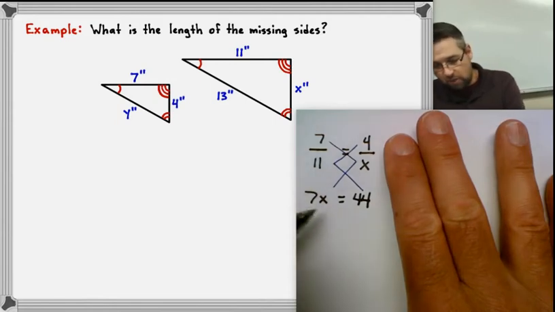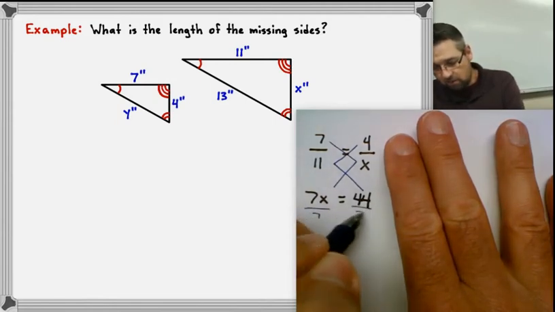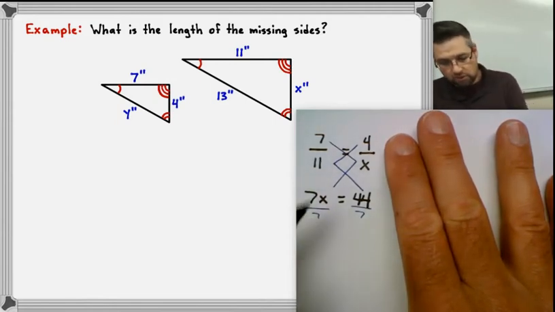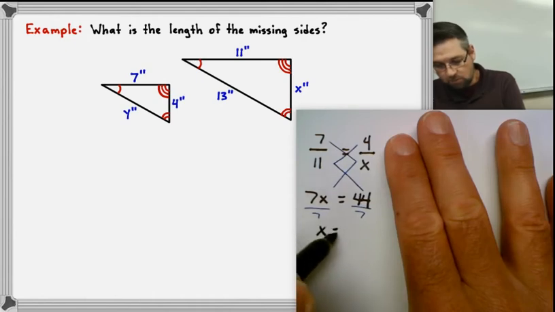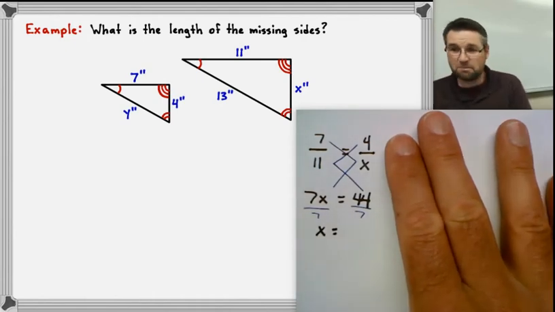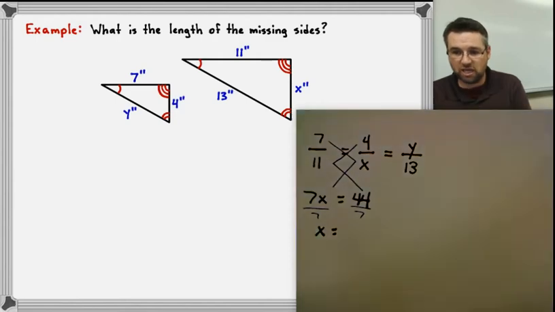So how do I do that? Well, I divide by 7 on both sides. And so on this side, I end up with x equals. And on this side, I could write this as a mixed fraction, I could write it as an improper fraction reduced, or I could put it as a decimal, just depending on what the question is.